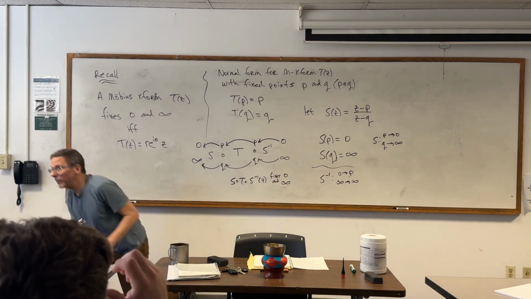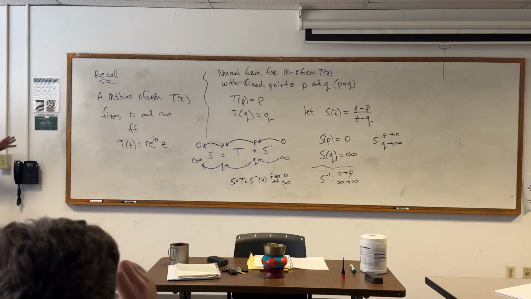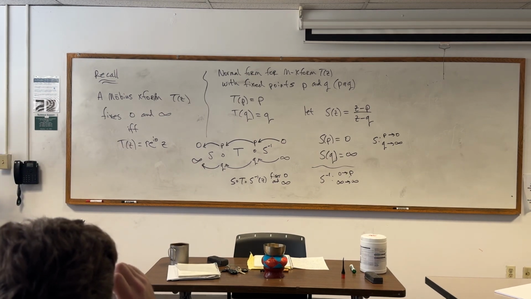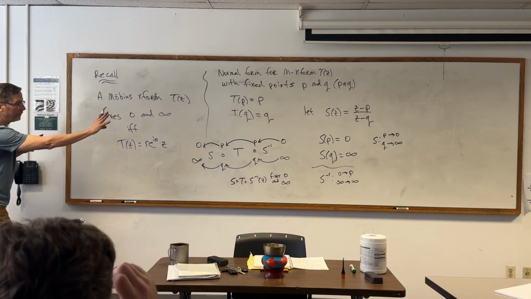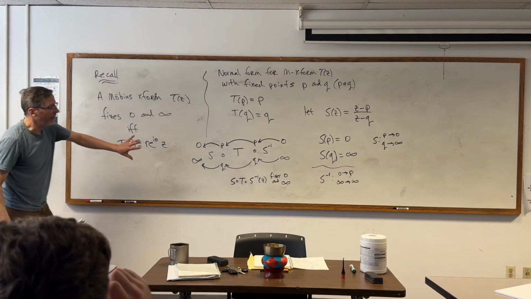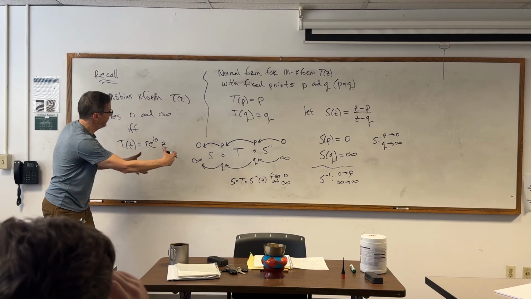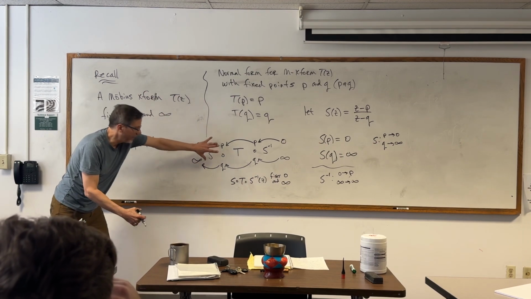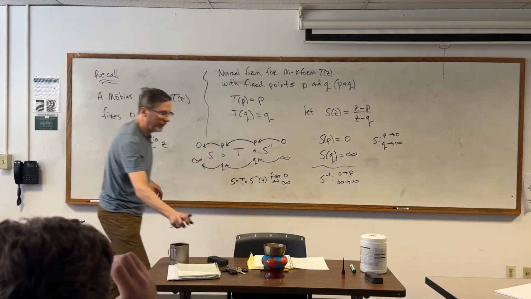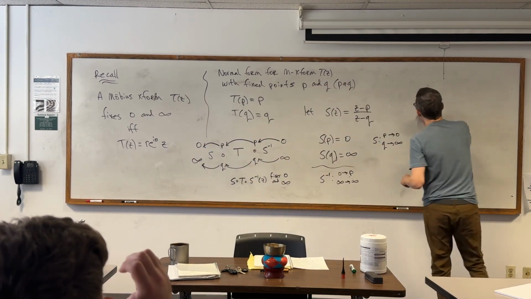So let me stop. Think about this because it's really important to follow what we're doing here. We introduced this S, and then we took its inverse and stacked it around T to create this new transform that fixes 0 and infinity.